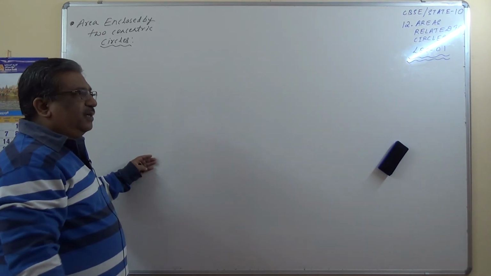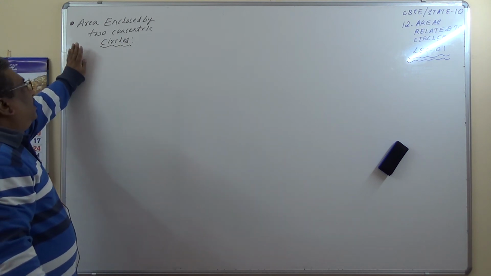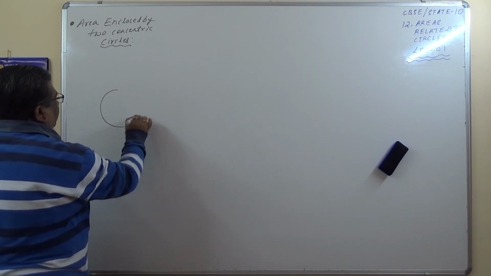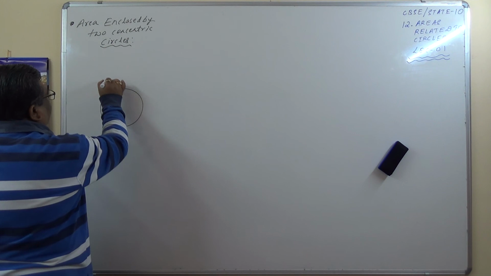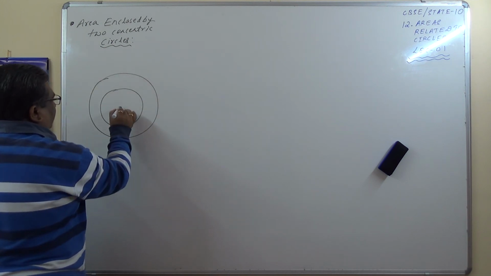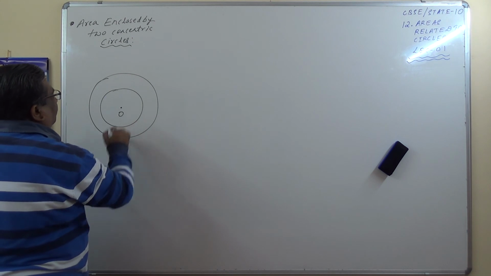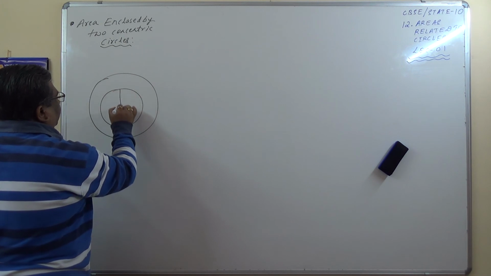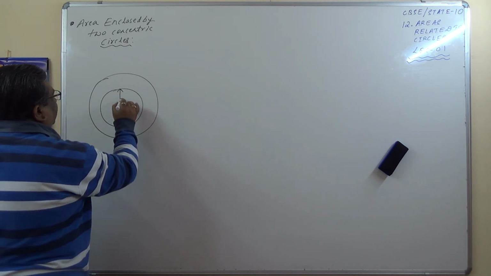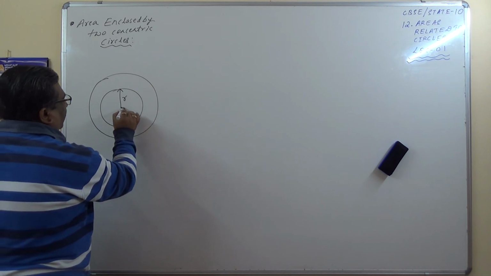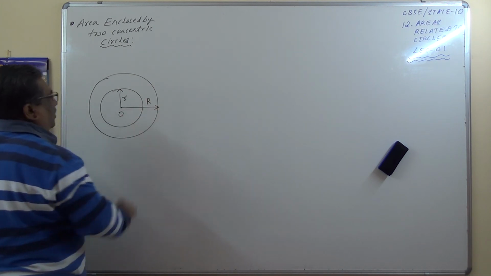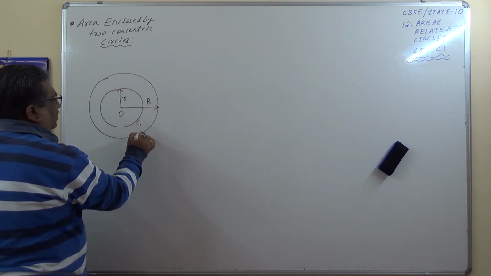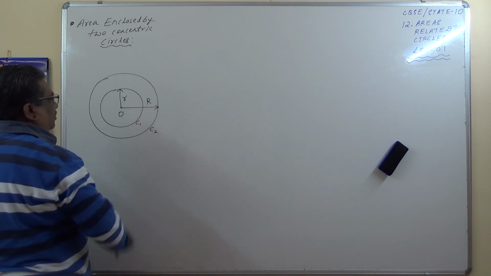So one more concept we have to understand here. This is the area enclosed by 2 concentric circles. Suppose we have one circle like this and another circle which is concentric, with center O, and this is the radius small r and the radius capital R. Small r is the radius of circle C1 and capital R is the radius of circle C2.